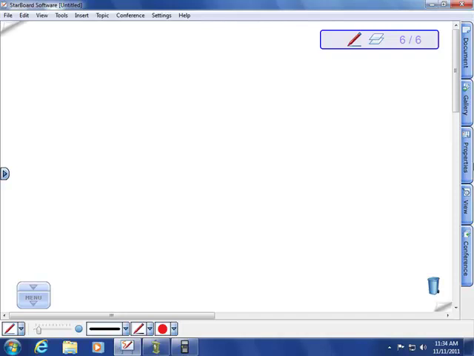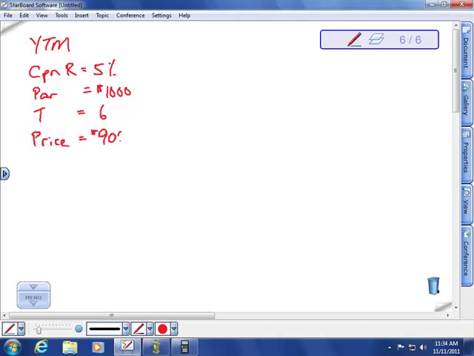Now let's find the yield to maturity using a financial calculator. We're going to use a bond with a coupon rate of 5%, par of $1,000, term to maturity is 6 years, and the price is set at $900.